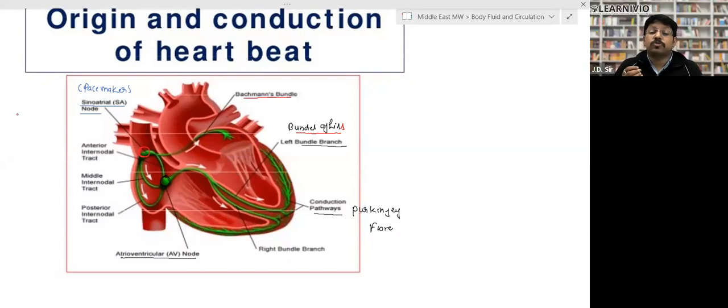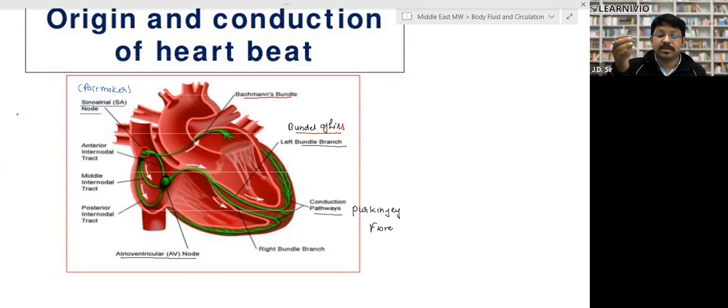But isn't the heartbeat produced due to the closure of tricuspid and bicuspid valves? No. How does this valve open? How is the pressure generated? From where is the current coming to operate this pulse? Whenever the pacemaker or SA node releases the current, the heart gets shocked, expands, and then the valve opens. The pressure is generated by this current.